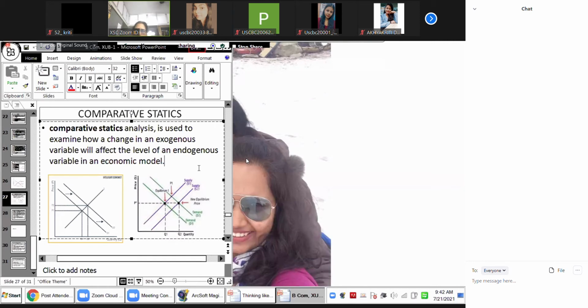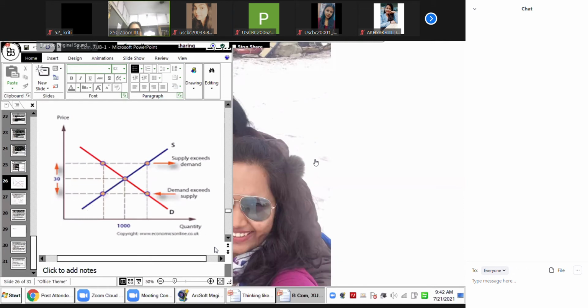For that reason, when we show it graphically, the demand curve slopes downward and the supply curve slopes upward. And we have already seen, when dealing with equilibrium analysis, that equilibrium will be attained when the demand for the commodity is equal to the supply of the commodity. This thing we have discussed.